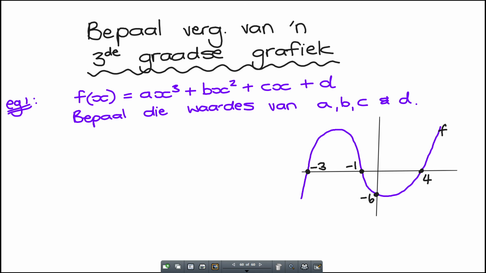So nou sien jy, ons het mos nou nog nie waardes nie, so die koëffisiënt van elkeen van hulle is nou net ax tot die mag 3, bx tot die mag 2, cx, en dan daai konstante maak ek nou net d. Okay, right. Now think of the steps that we use to calculate, but now we just got to do it in reverse.